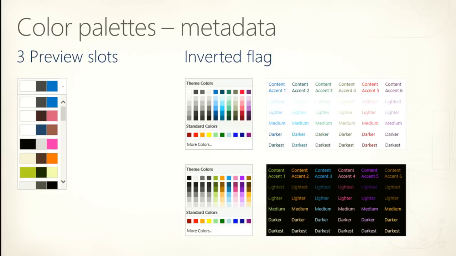What the inverted flag is going to do is basically you can categorize color palettes in two different groups. You have your light color palettes, which are dark text on a light background. And you have dark color palettes, which are light text on, did I get that wrong? The first, I got it right? All right, cool. So it's light text on a dark background. If you set the inverted flag to true, you're telling us that it's generally a dark theme.